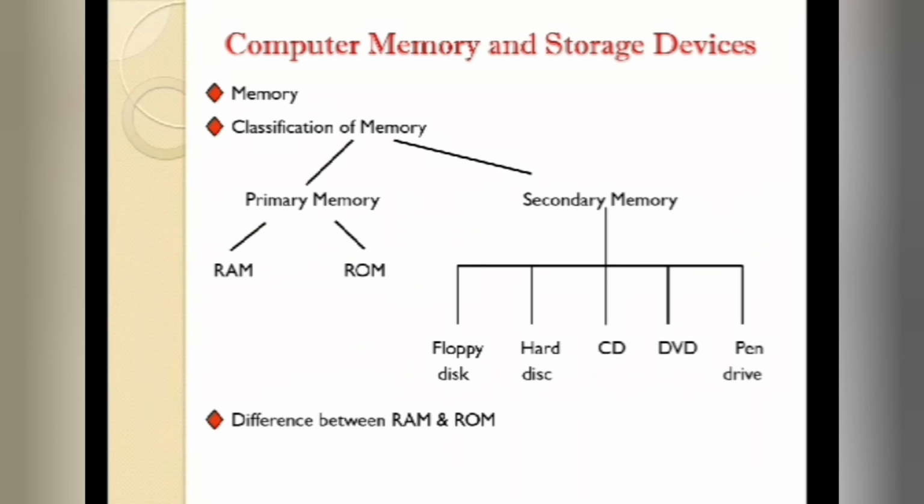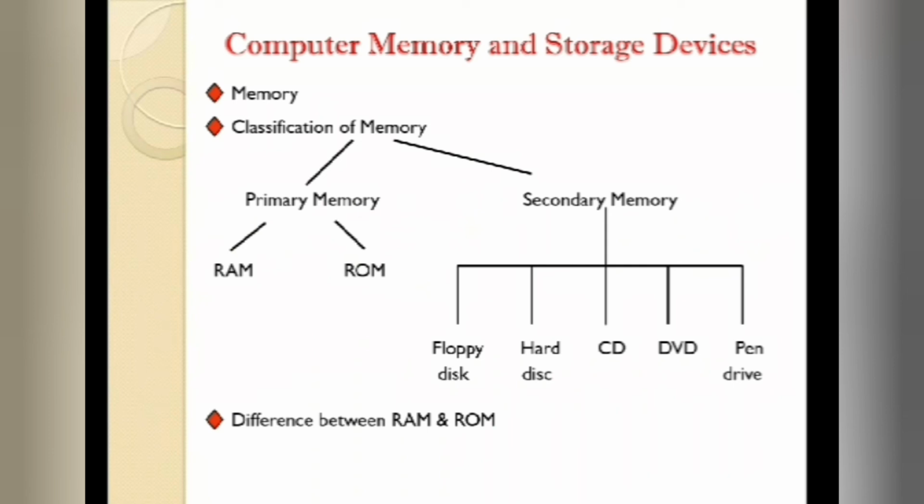Let me see the small recap of this class. Today we have discussed the second lesson, that is computer memory and storage devices. First we saw the introduction and the definition of memory. Memory is a storage area which is used to store the data and information.